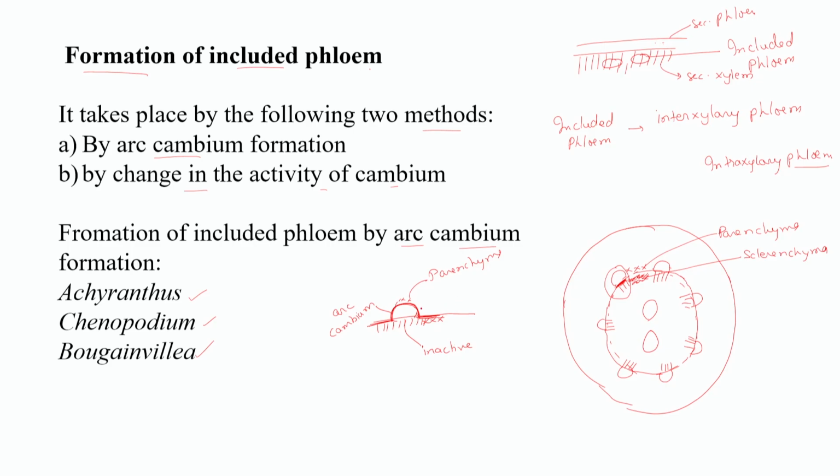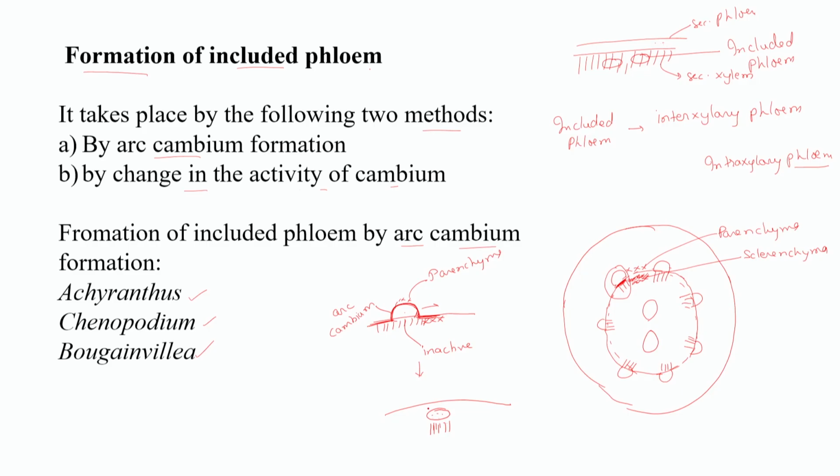Now this cambium will behave as a continuous layer, and it will cut xylem on the lower side and phloem on the outer side. You can see here, in this way, this phloem will become embedded, and below this phloem also xylem will definitely be there.